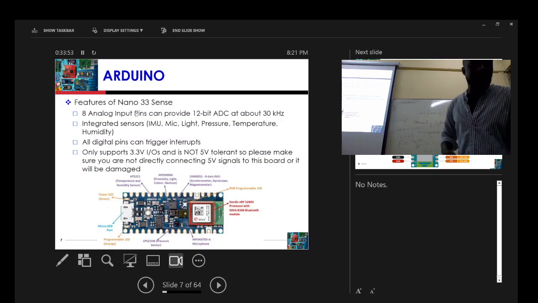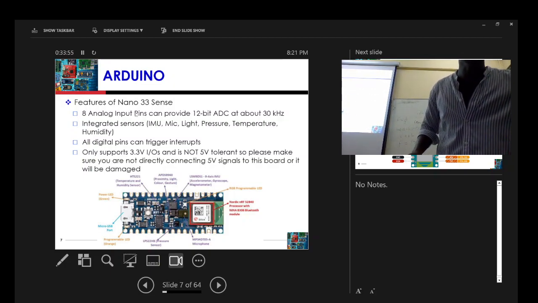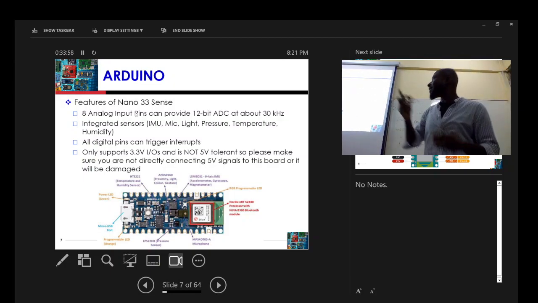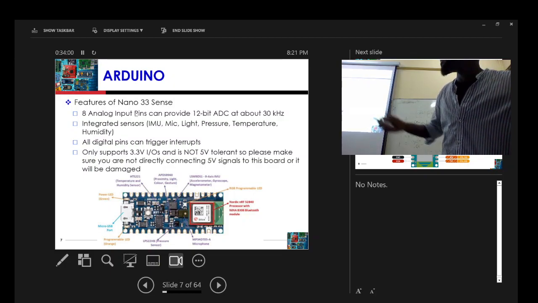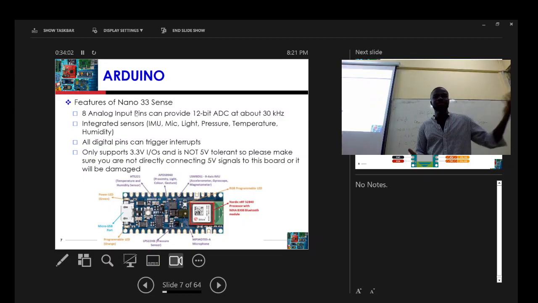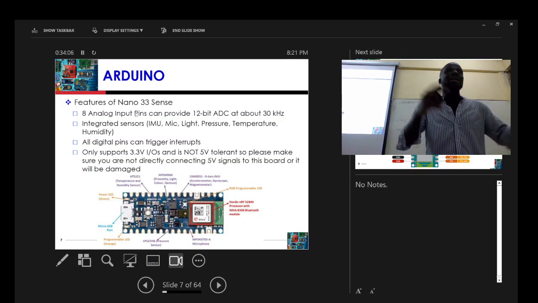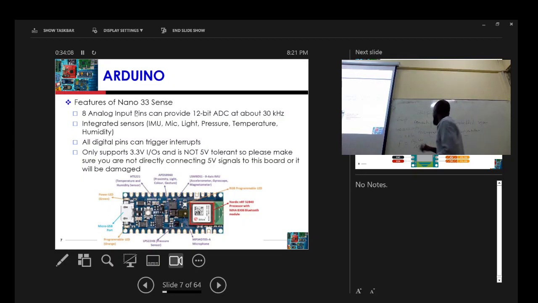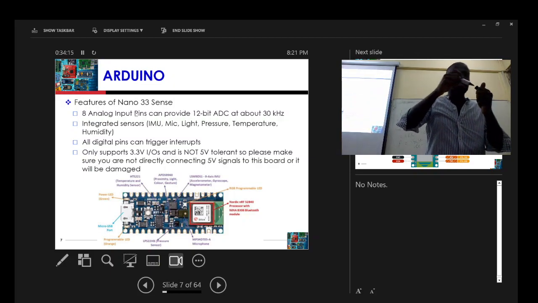So this is the part of the Arduino Nano Sense, right? As I said, it has 8 analog pins. The analog pins take signals from the real world, and those signals are in the form of waves. You know what this wave is, right?